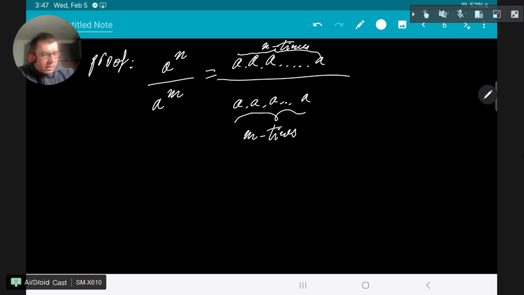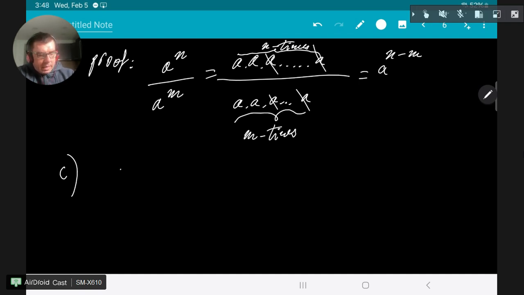And if I start reducing this one with this one, this one with this one, etc., I get a to the power of n minus m times, okay? That's it. Let's go to the third one.